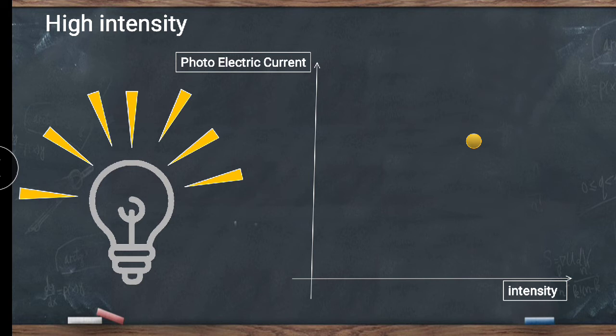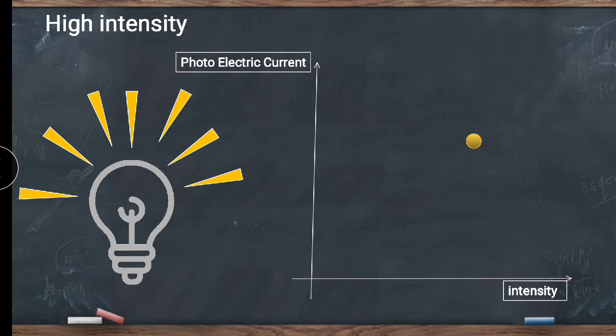So now we can conclude here that photocurrent is directly proportional to intensity, because we have seen that as we change the intensity from low to high, we get the nature of the graph. In this case, the nature of the graph is a straight line, and a straight line indicates the direct relationship between these two quantities.